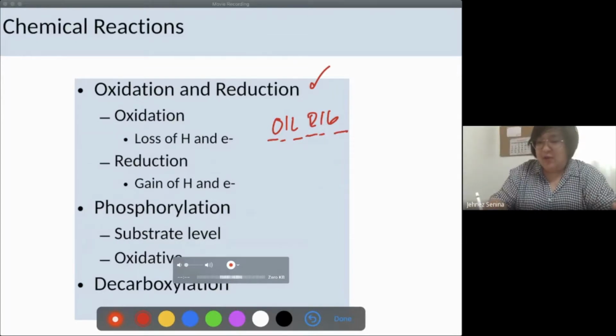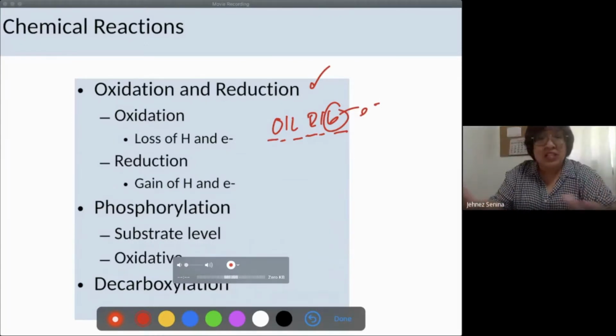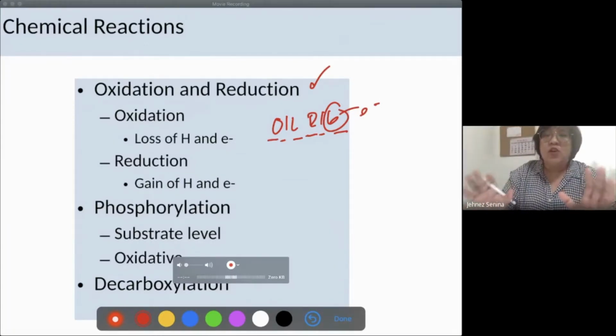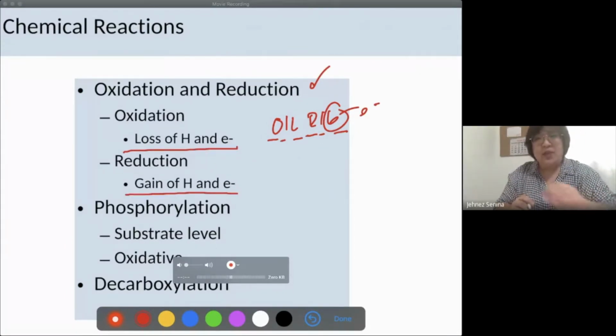Remember we said that you're gaining electrons. I'm like, what? How do you become negative if you're gaining? Because what you're gaining is negative. Anyway, those concepts are important in cellular respiration: loss of hydrogen or gain of hydrogen.